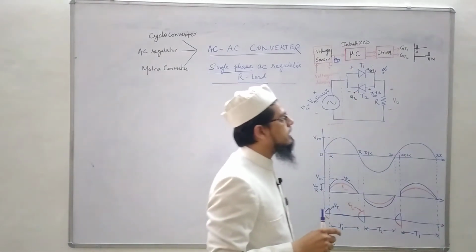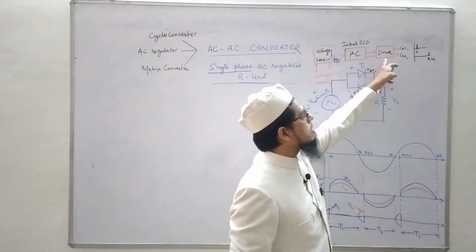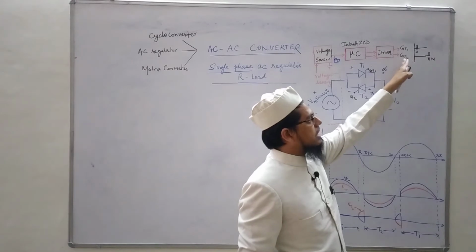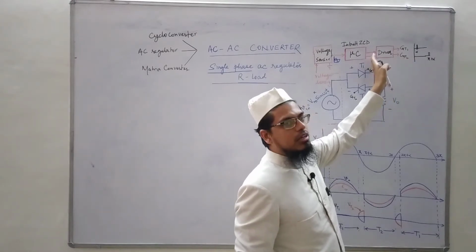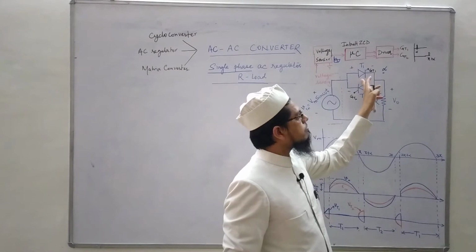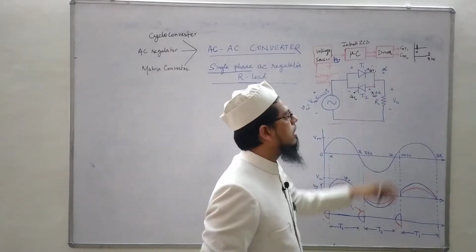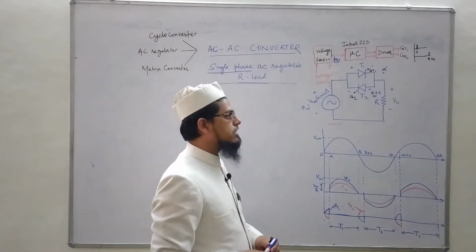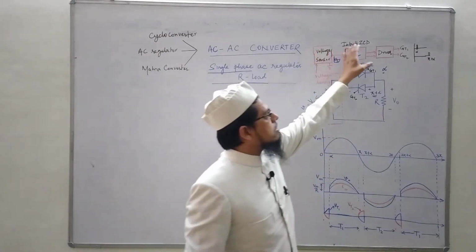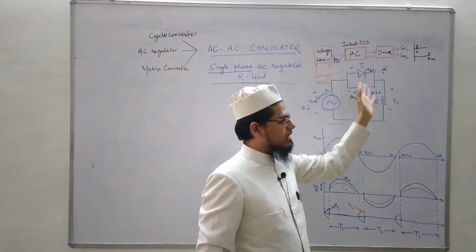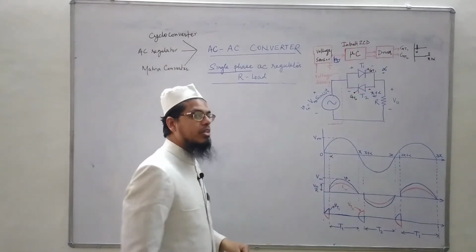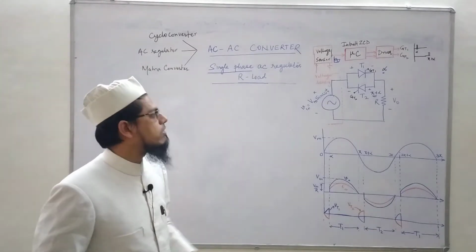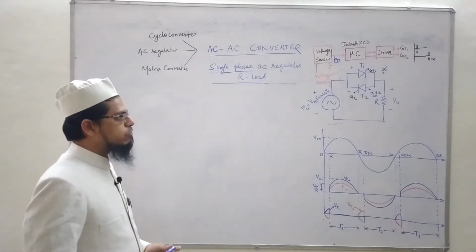So it needs to be amplified with the help of a driver circuit, and the output of the driver is an amplified signal of the output of the microcontroller, which is given to the two SCRs. Normally drivers also have some isolation circuit to isolate the control circuit from the power circuit.